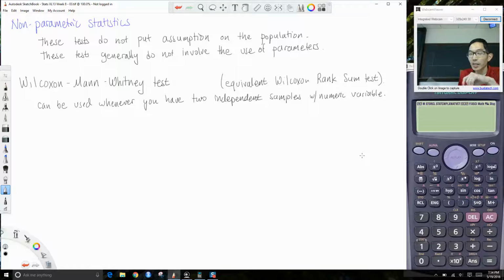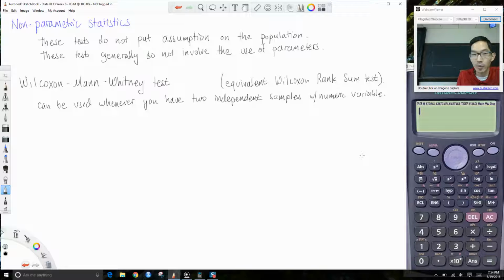Basically, nonparametric tests will have larger beta than their parametric counterparts. You're less likely to reject the null. It requires more data for a nonparametric test to come to a conclusion that we should reject the null hypothesis. But in a situation where it is inappropriate to use a parametric test, then you should use the nonparametric test.